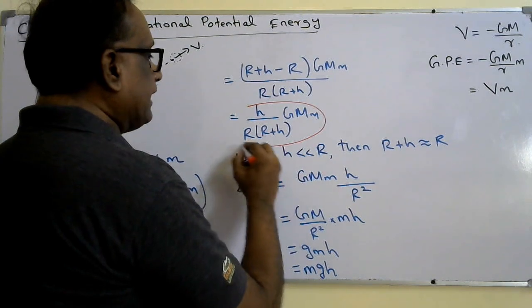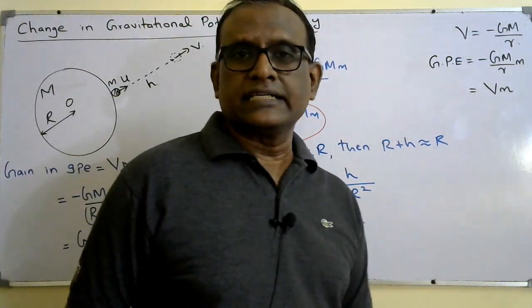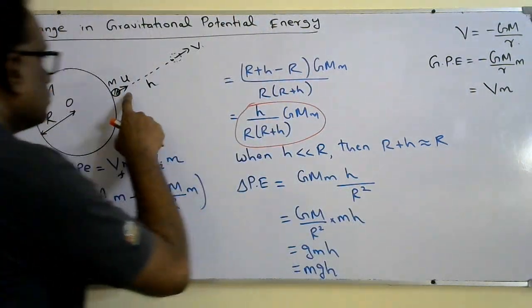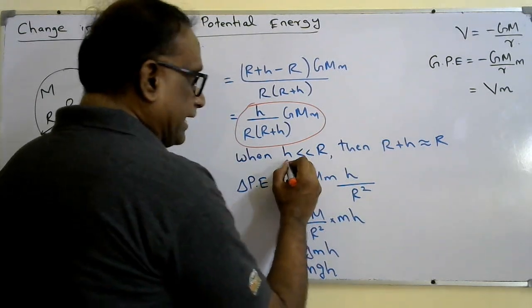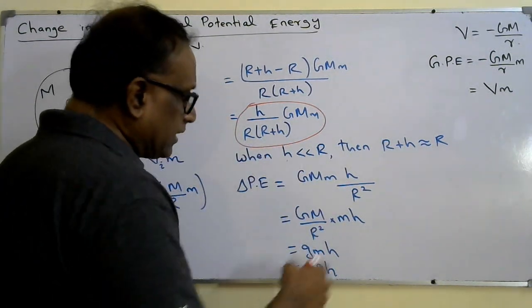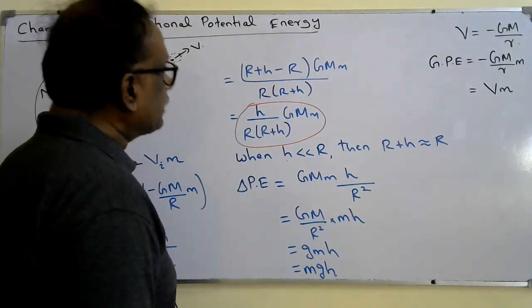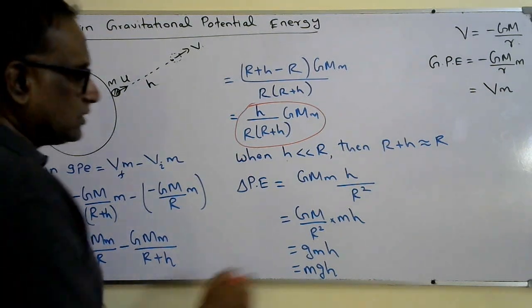Loss in kinetic energy means initial kinetic energy half mu squared minus half mv squared. But if the height through which it moved is very small compared to the radius of the planet, then the gain in gravitational potential energy will be equal to mgh. So that is equal to the loss in kinetic energy, half mu squared minus half mv squared. That's the way we did it in unit 1.